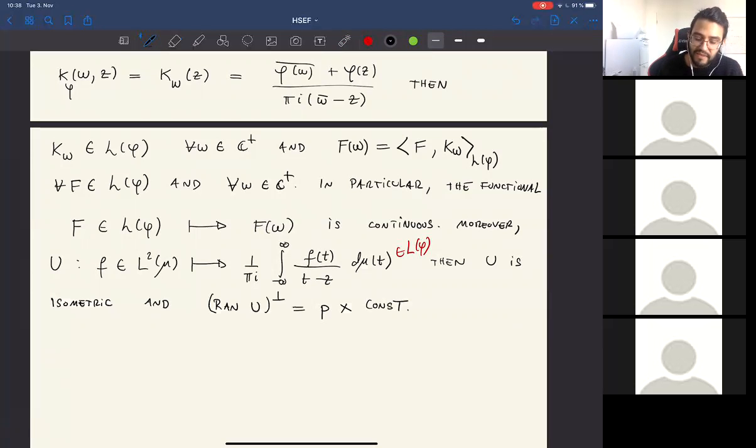Okay, in particular, if P is 0, then the orthogonal complement is empty, and therefore U is an isometric isomorphism. So let me write that here. So if P is 0, then U is unitary, which is just another way of saying isometric isomorphism.